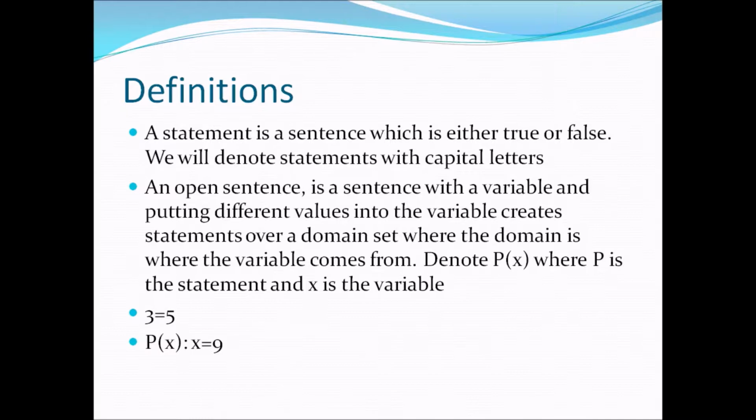When X is 9, P(X) is true. But when X is not equal to 9, P(X) is false. So statements are just there and they're either true or false. But open sentences, their truth value depends on some other variable. So that's the difference between a statement and an open sentence.